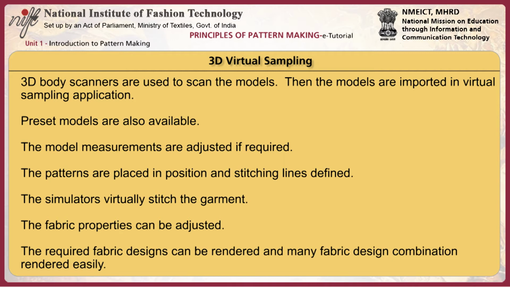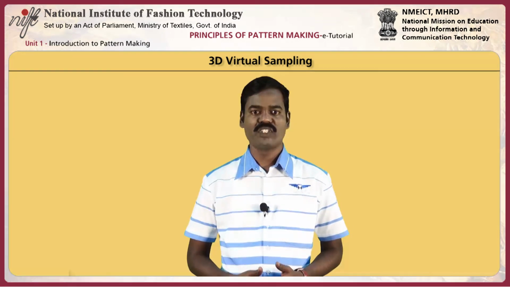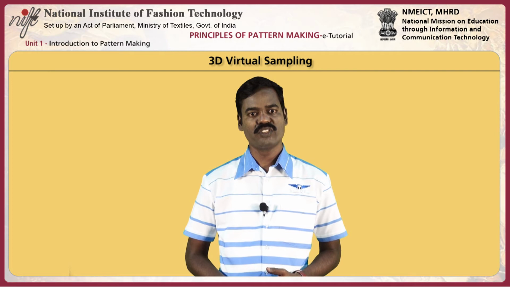The simulation virtually stitches the garment. The fabric properties can be adjusted, the required fabric design can be rendered, and many fabric design combinations render very easily. Garment fitting can be seen at the same time. There are some animated models for catwalk and fitting, so that a catwalk video can be produced.